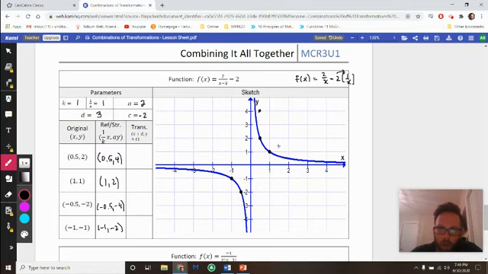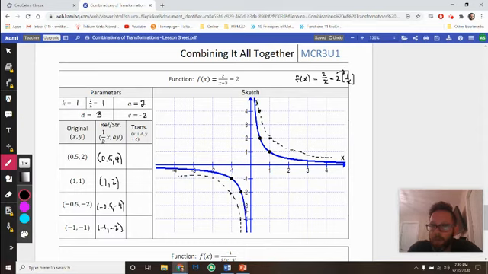And do some dashes. Something like that. Now notice when you do stretches and reflections, remember things on the axes were invariant. So the asymptotes, which are on the axes for this function, don't move during a stretch or reflection.